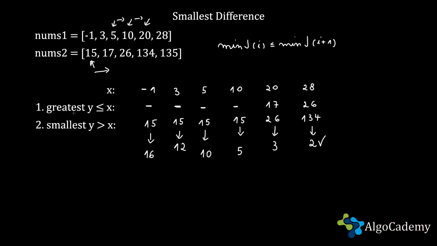So as long as the next element is still less than or equal to x, then that element would definitely be better because it's greater. So I'm going to move that pointer to the right as long as this happens. Or in the second scenario, I'm going to move the pointer to the right as long as it is needed, in case the value there is less than our current value. Let's take a look at the code.